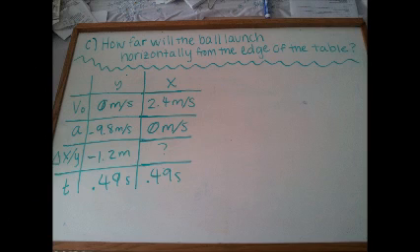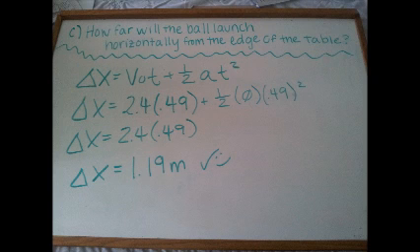Because t is a common variable for both x and y, we can place 0.49 seconds in the chart for x and y. Now that we have 3 known variables in the x direction, we can solve for delta x. So we use the equation delta x equals v naught t plus 1/2 a t squared. We substitute all the variables for the numbers that we have.